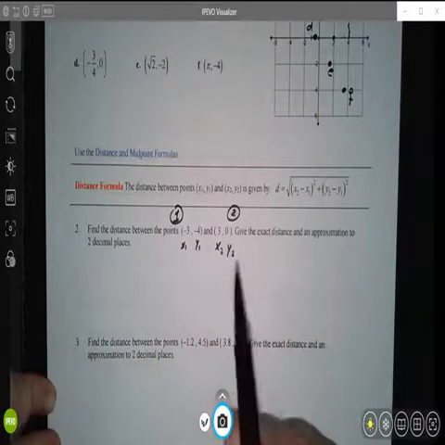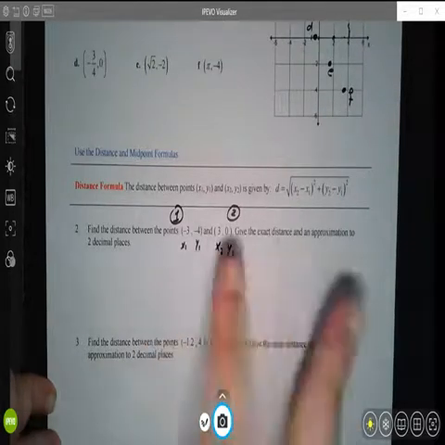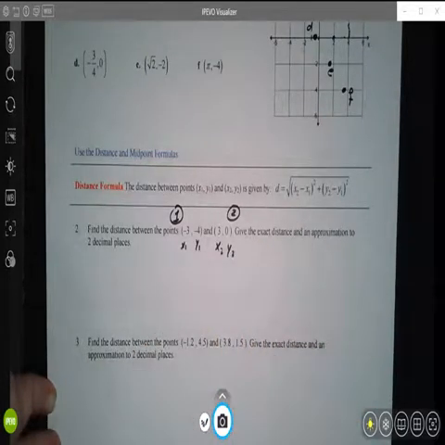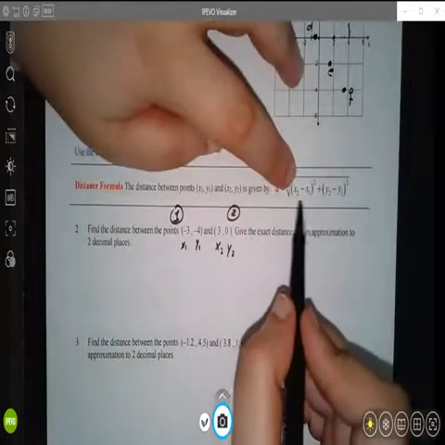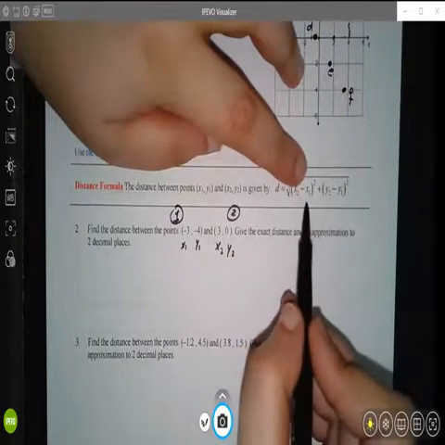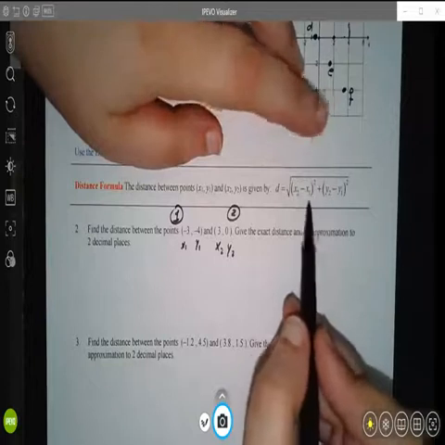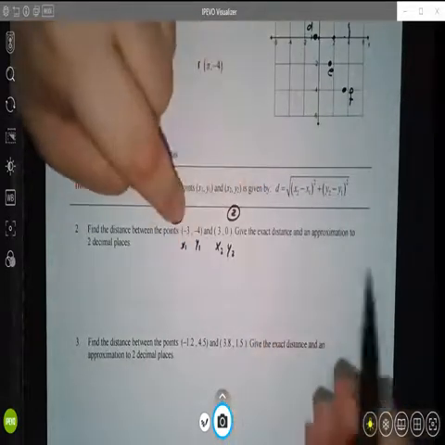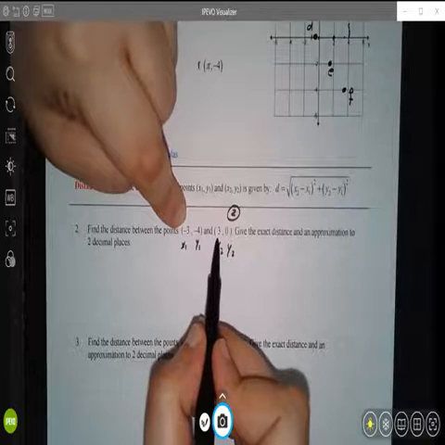Now again, it doesn't matter which one you choose to be your 1, which one you choose to be your 2. Even if you chose to flip, that's fine. Why? Because in the distance formula, I'm asking you to give me a subtraction, but whatever the difference is, it's just going to vary between negative and a positive number. If you subtract, for example, -3 from +3, that's going to give you a -6.